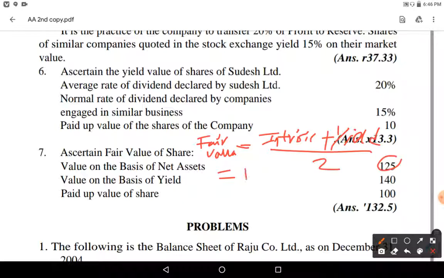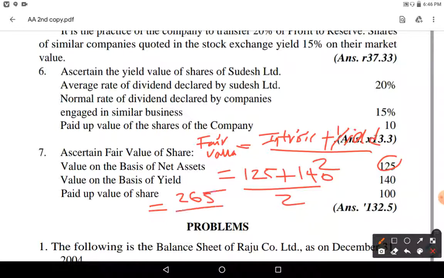That is net assets 125 plus yield 140, divided by 2, meaning 265 divided by 2. Half of 200 is 100, half of 65 is 32.5. So the answer is 132.5. This is how it will be done.